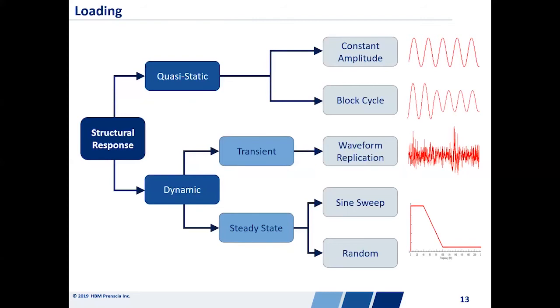Now, because we're focusing on vibration fatigue, we need to take the structural response into consideration when we consider our loading. For example, when we develop a test for structures that do not respond dynamically, the quasi-static branch, the upper branch that we see here, we can use lab tests like constant amplitude and block cycle loading.